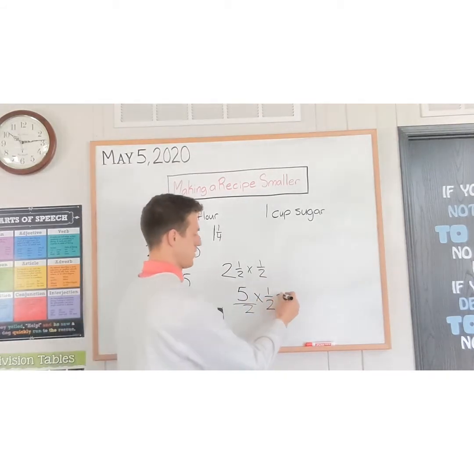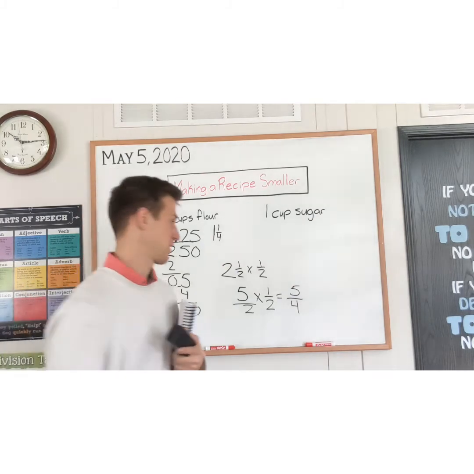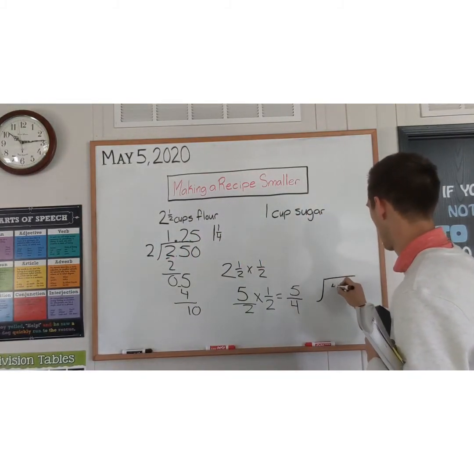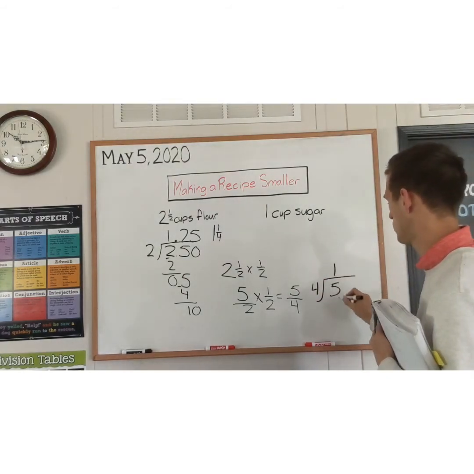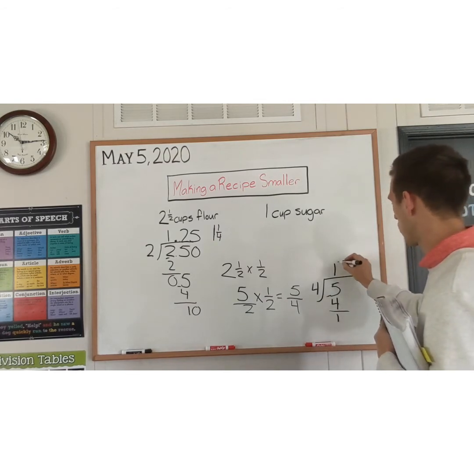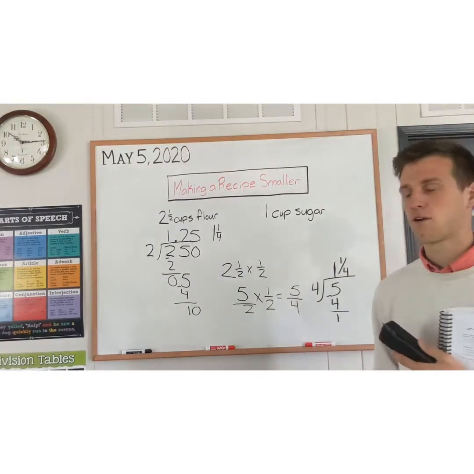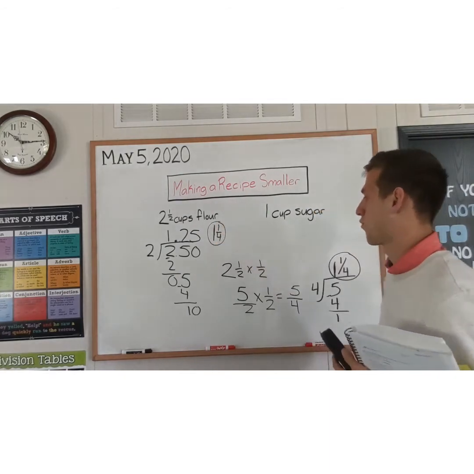So we have 5/4. We have an improper fraction, so remember we're gonna divide. So we're gonna stick our numerator inside, our denominator here on the outside. 4 goes into 5 once, subtracted. We write our remainder as our numerator and our divisor as our denominator, right? So we both came up with 1 and 1/4, okay?